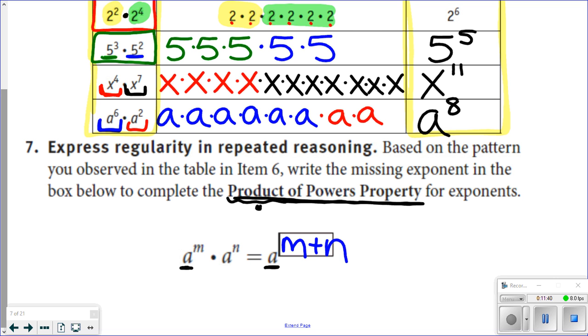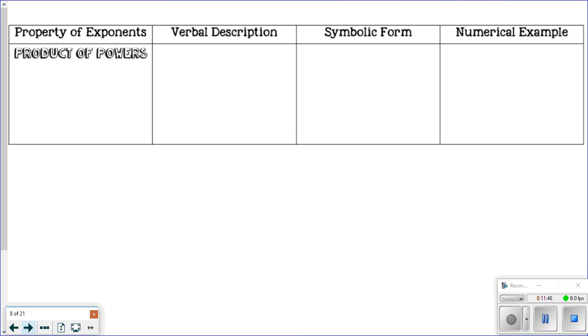So I'm going to go through this property on our exponent organizer, our graphic organizer of all of our rules, and I labeled it as a VIP because this is a very important paper. So the product of powers, just to remind you that product means to multiply, or it's a multiplication problem.